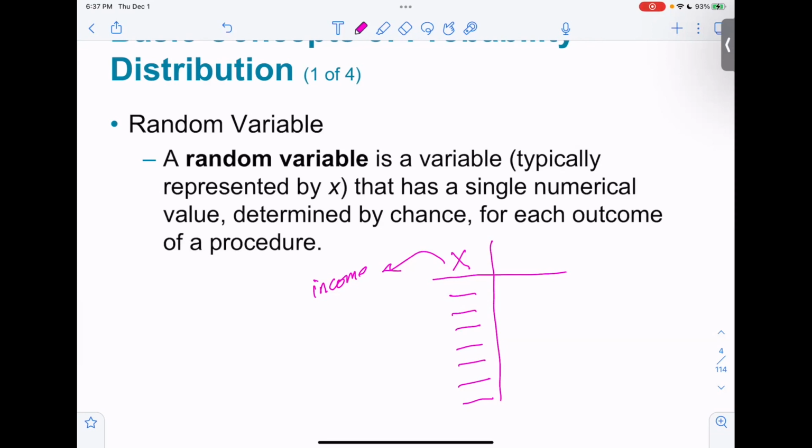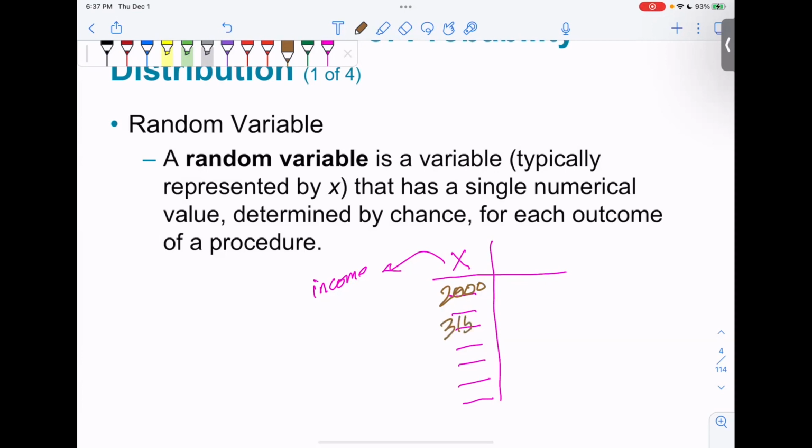So let's say the income is like, I don't know, 2,000 or 3,150 or so. Each single value of those we call an observation, and the whole column we call the variable.